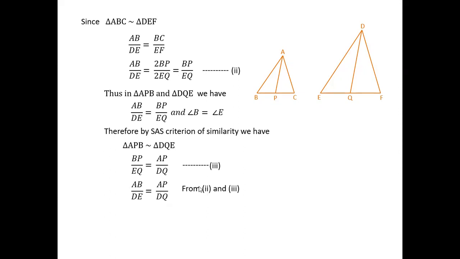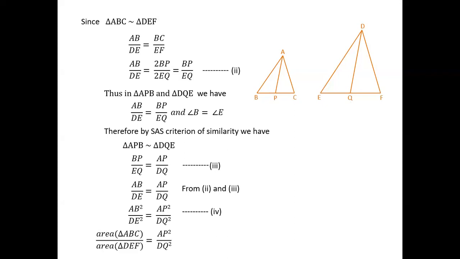From where do we get it? From the second and third equations. Now let's take the squares. AB square upon DE square must be equal to AP square upon DQ square. If the sides are proportional, then the squares also must be proportional. This is your fourth equation.